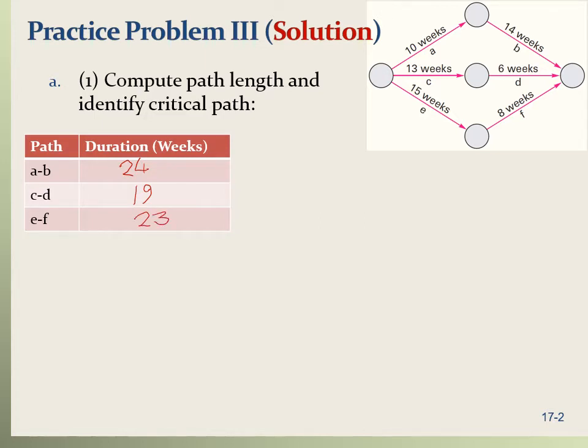So the largest length here is 24 for path AB. So that's our critical path. And this also dictates that the length of the project is 24 weeks.